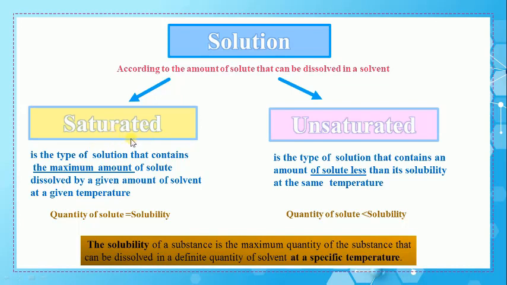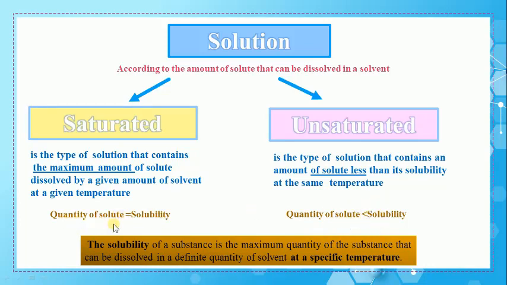In a saturated solution, the quantity of solute is equal to solubility. An unsaturated solution is a solution that contains an amount of solute less than its solubility at the same temperature. In an unsaturated solution, the quantity of solute added is less than solubility.